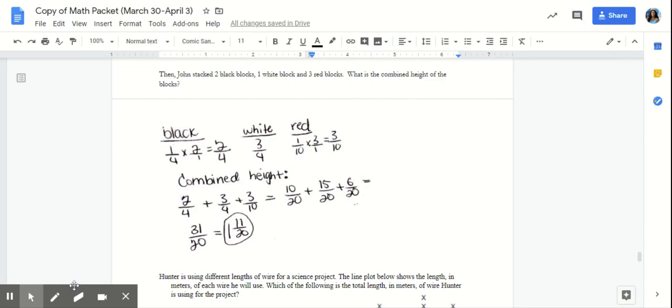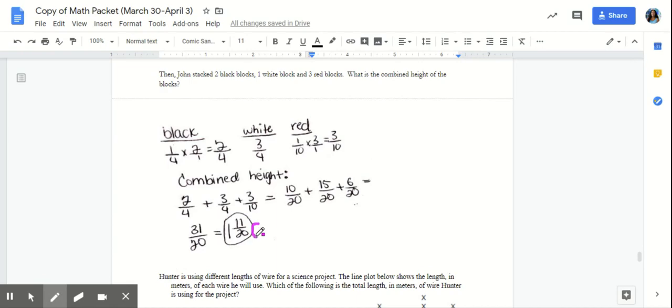Again, we cannot add unlike units. So we're going to find a common denominator. We have a common denominator of 20. So then we're able to make our fractions equivalent. Add that all up together, we're going to get 31/20ths, which is going to equal 1 and 11/20ths as our final answer.